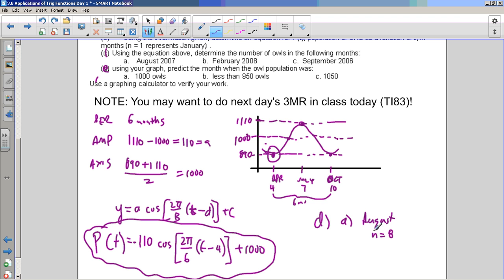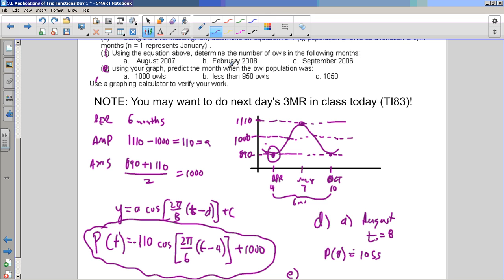Put in t equals 8 into the calculator, and you should get an answer. Careful, careful, careful on the calculator. It's about 1,055 owls. Does that make sense? Well, certainly it's above average, right? July, August is a little bit above average. That makes sense. Dandy.